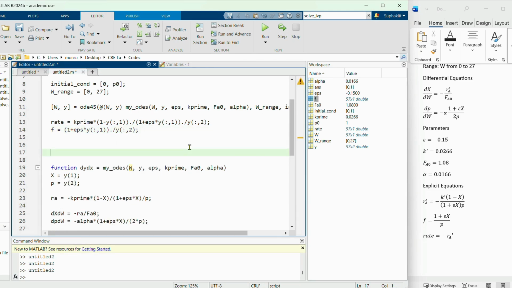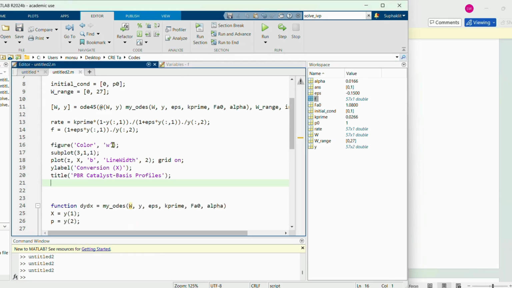Okay, now we can go ahead and plot. So I'm just going to copy my plot from another code. And so basically I want to plot X, p, F, and rate.